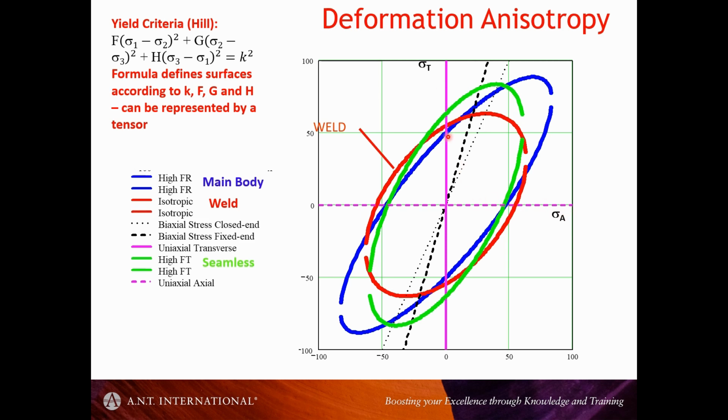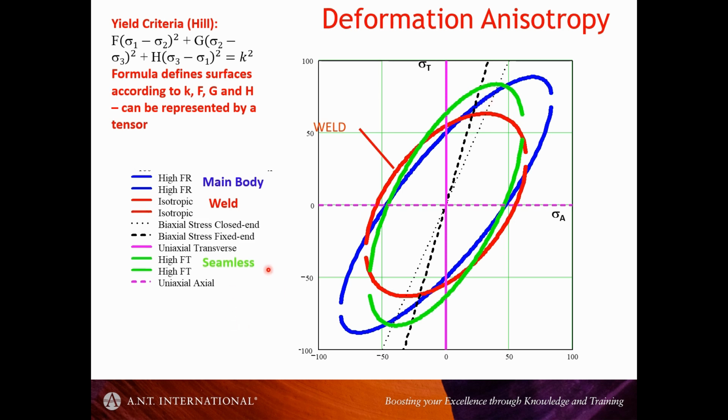So the uniaxial yield strength is going to be softer for this blue one, the main body, as you'll see. And then we've got the weld, which is an anisotropic material, and for the closed end test here, you can see it intersects the yield surface at the point where the radius normal would be perpendicular, which would be vertical, no axial strain.